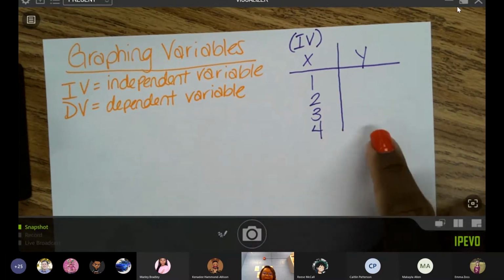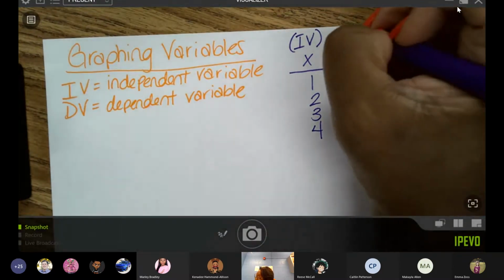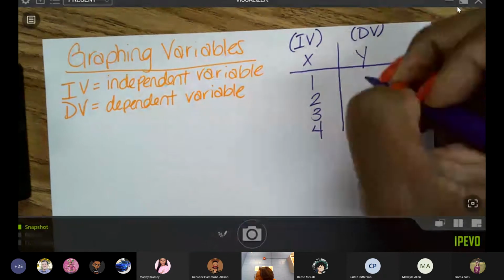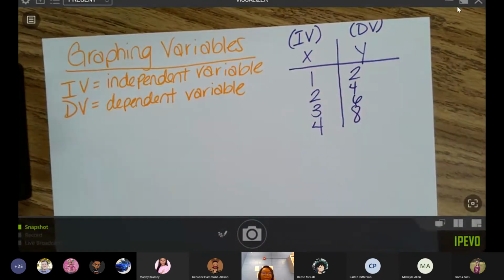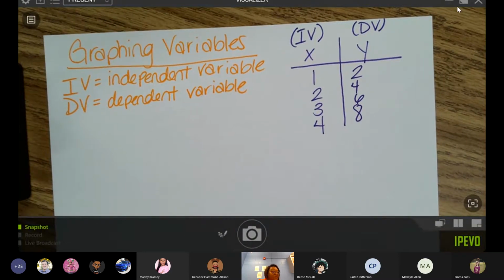Anything on the right side of this chart is my dependent variable. Okay? So today we're going to work with graphing these variables.